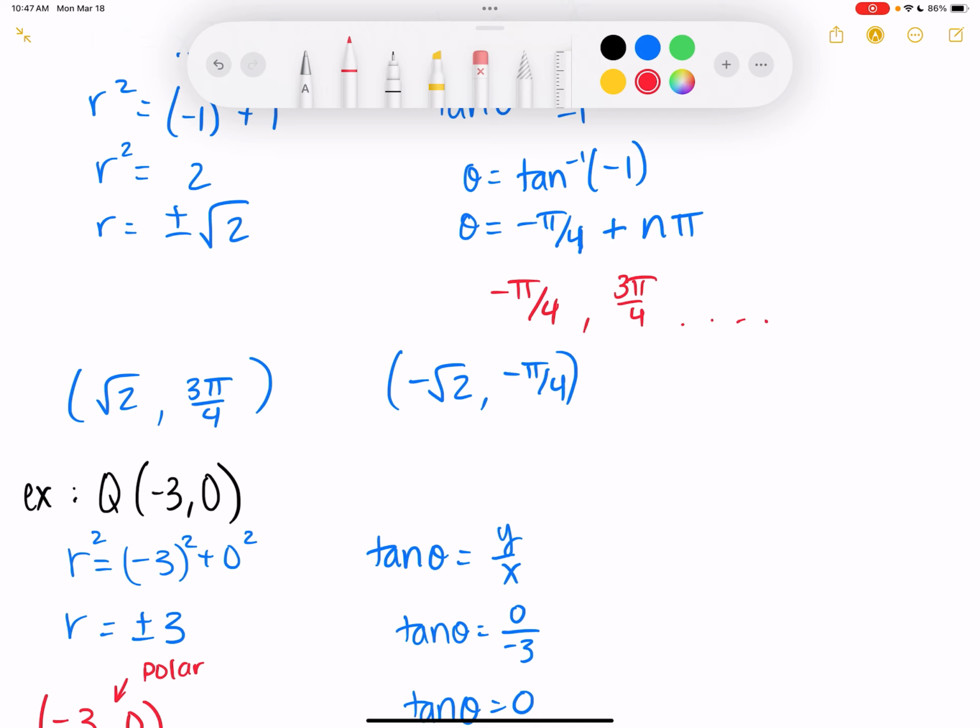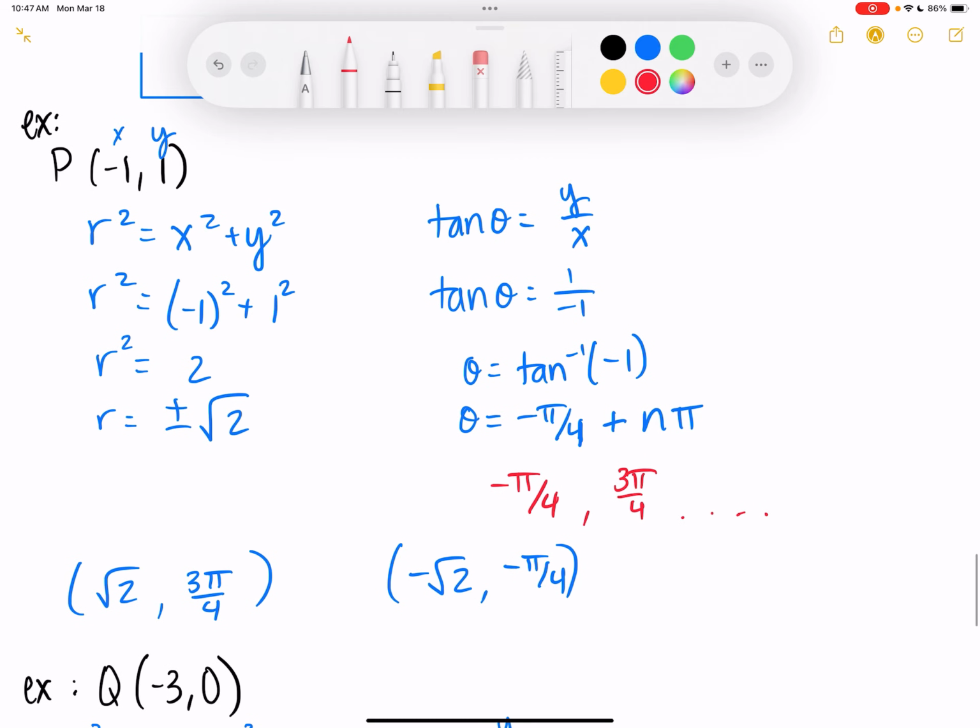So the initial point that was given to us is opposite the terminal side of negative pi over 4. Negative pi over 4 would be down in quadrant 4, but this point, negative 1, 1, is actually in quadrant 2. So it says the value of r corresponding to this angle is negative.